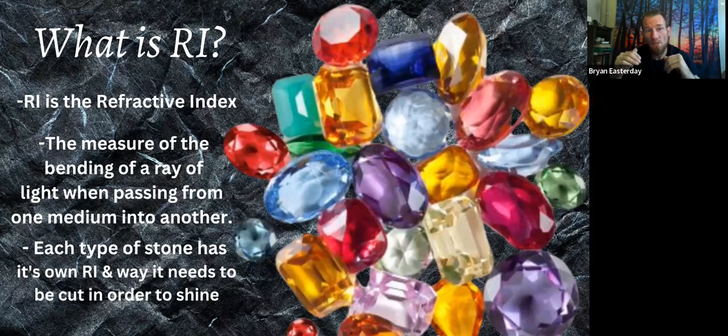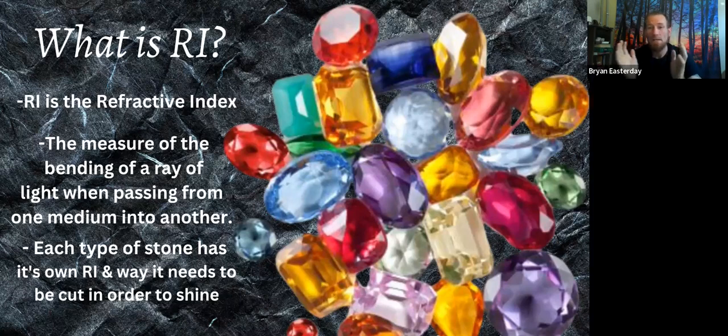This is the way they change the speed of light as it passes through that material. Now, why is this important? Because identifying that RI allows you to identify another very important piece, which we'll discuss in a minute.